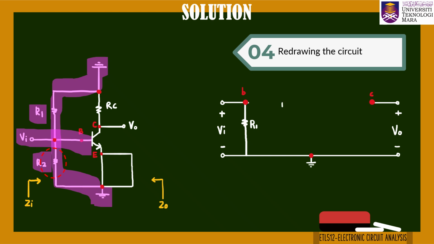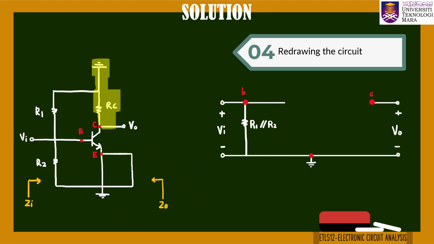So, we draw R2 the same way. Notice that R1 and R2 now form a parallel connection as both are connected between base and ground. You may keep them drawn separately or combine them into a single parallel resistor. Both ways are correct.